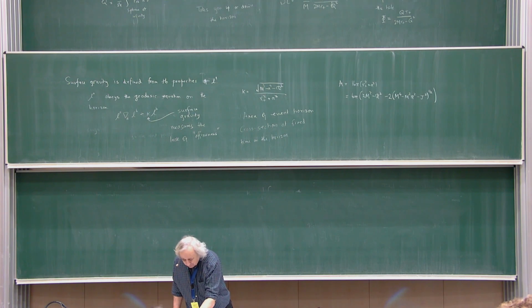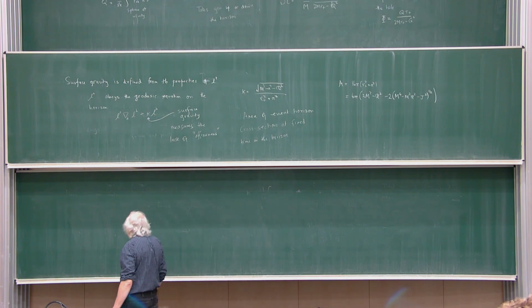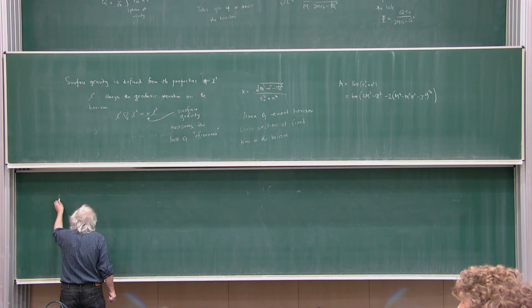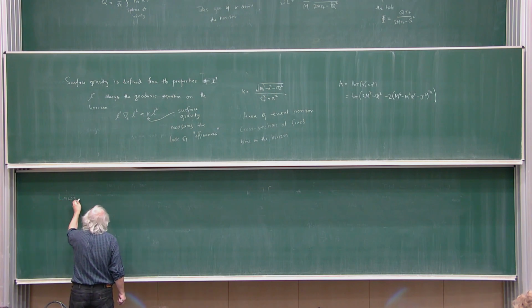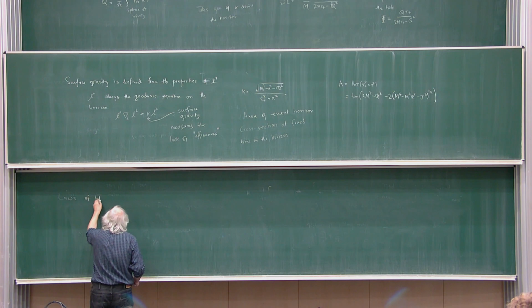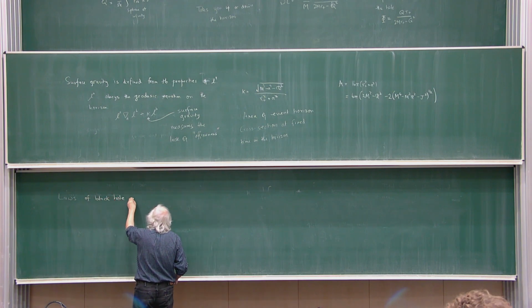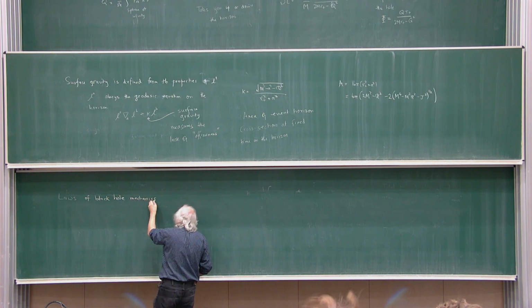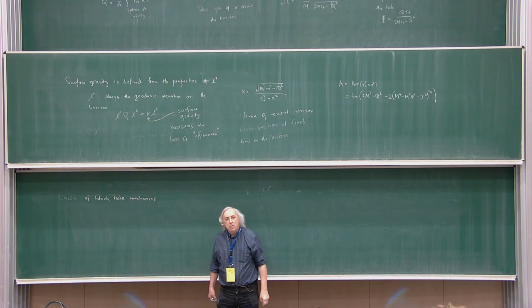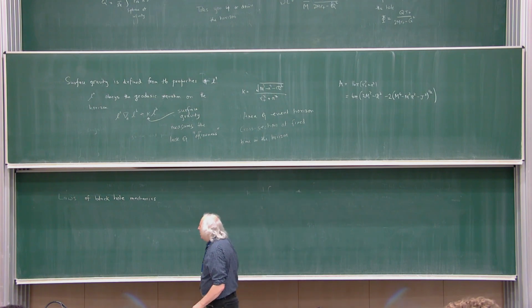A different kind of chalk. So, we can now enunciate the laws of black hole mechanics. Zero, 1, and 3 are originally due to Bardeen, Carter, and Hawking. 0.